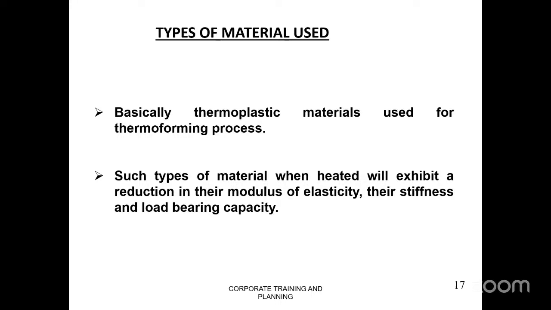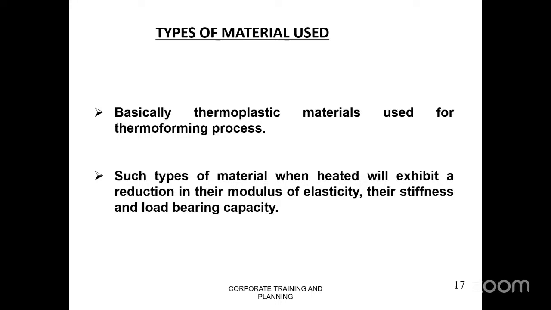Plaster of Paris, low life, hardly 10 or 20 pieces we can produce from the plaster of Paris. Then we have also seen the metals, aluminum is durable, but again some wear and tear problems.